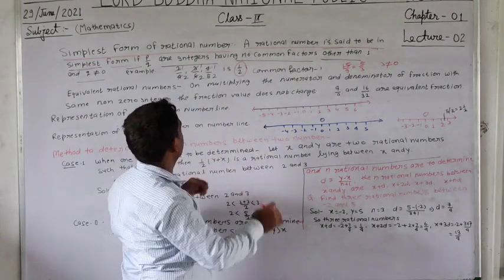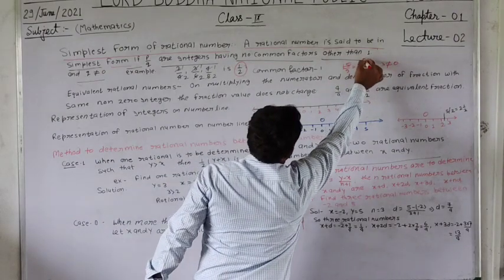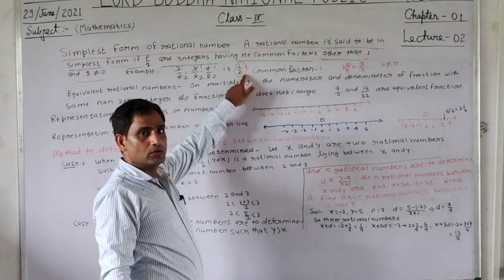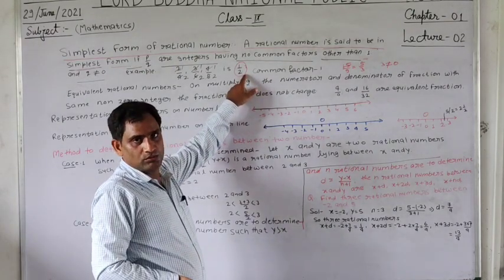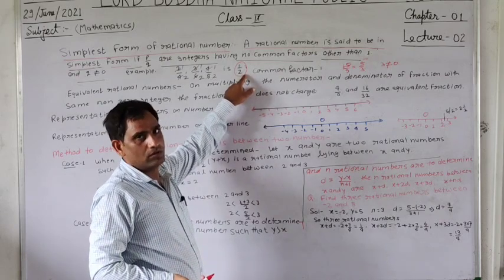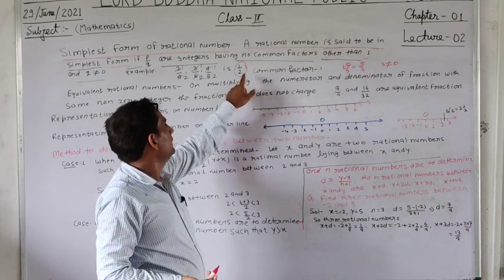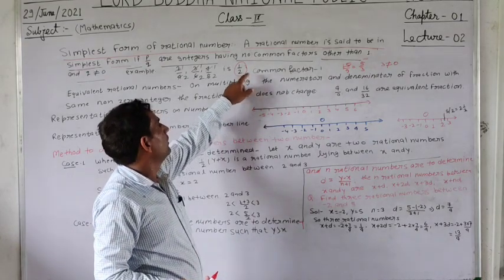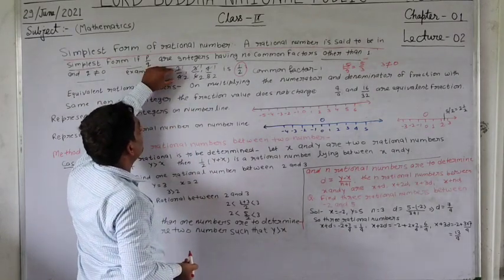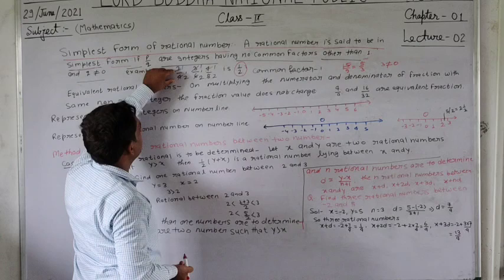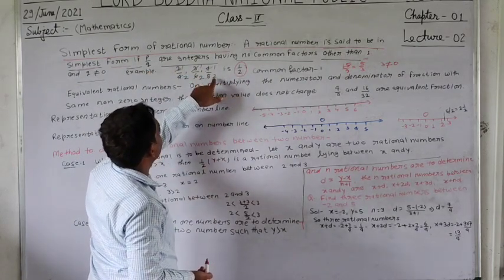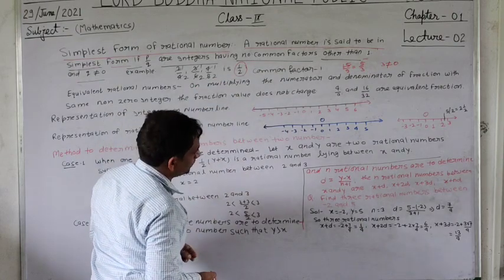That is the first condition, and second, the denominator is 2, which is non-zero, means greater than 0. It may be less than 0, but here 2 is greater than 0. Now, if anyone asks the simplest form of 2 by 4, then we see that it is 1 by 2, 3 by 6 is also 1 by 2, and 4 by 8 is also 1 by 2.